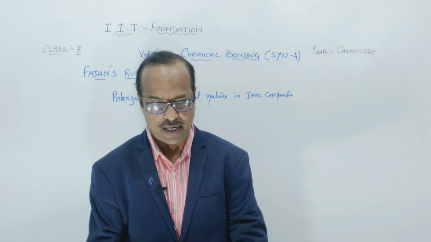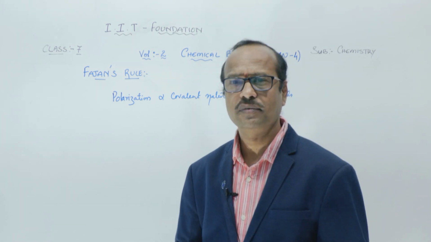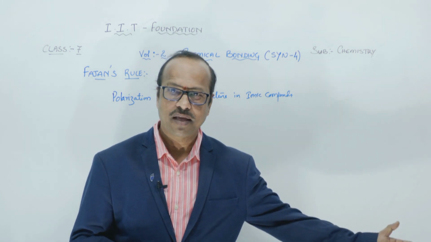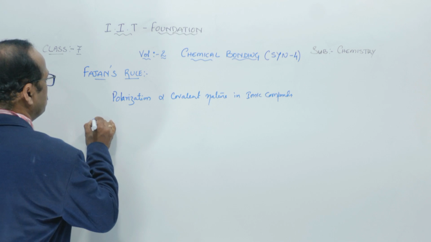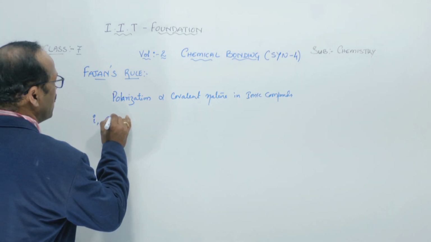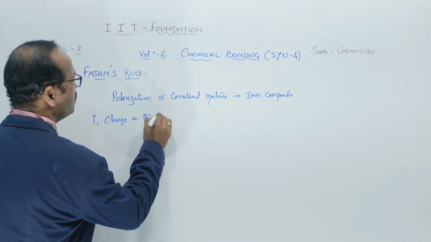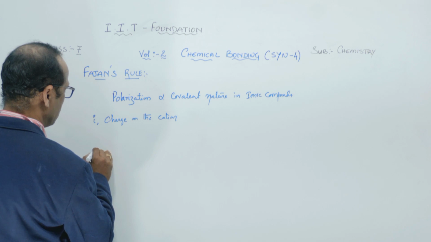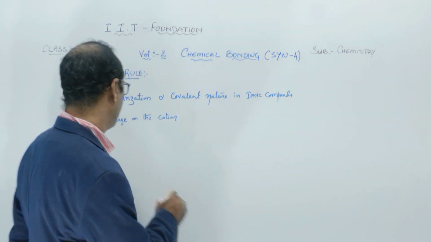Now, what are the factors which affect Fajan's rule? These are similar to what we discussed in the ionic bond. The first one is the charge on the cation. Second, the size of the cation.